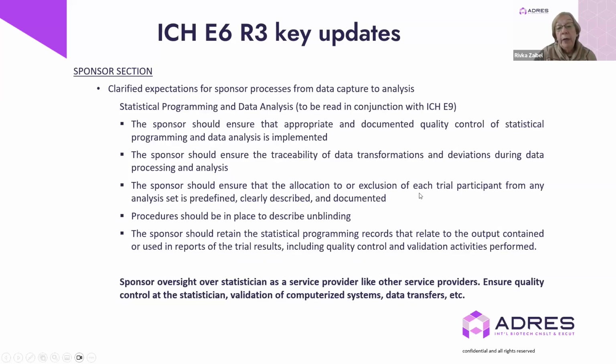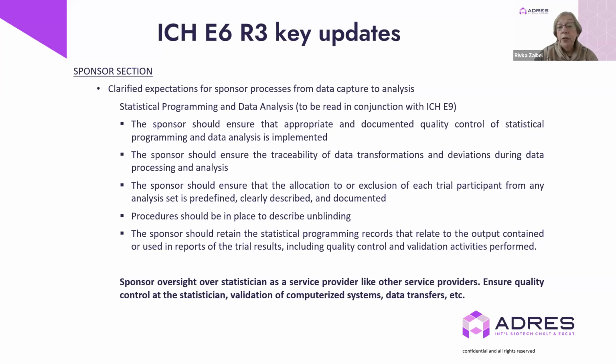Statistical programming and data analysis. The recommendation of the guidance is to read it in conjunction with ICH E9. The sponsor should ensure the appropriate and documented quality control of statistical programming and data analysis is implemented.